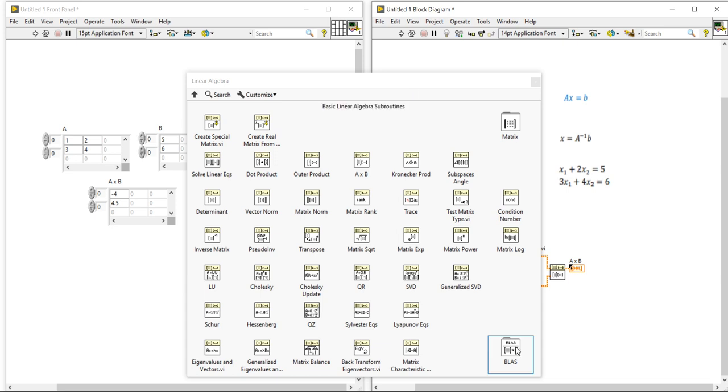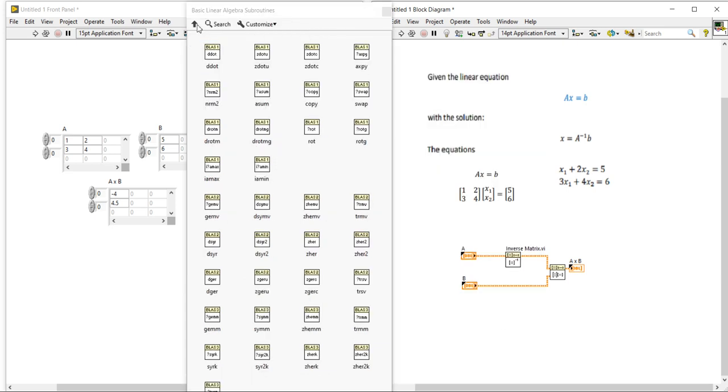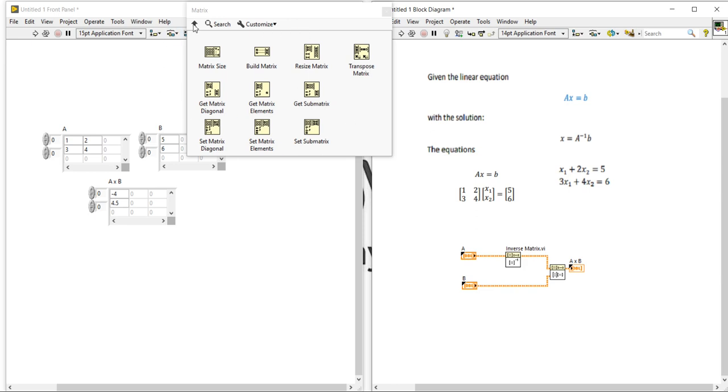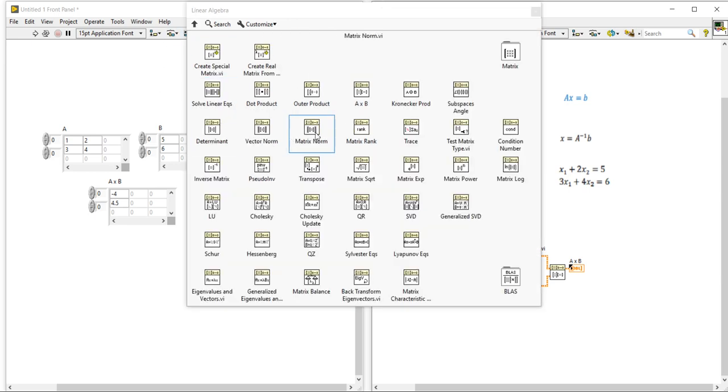Please try to search for that. I'm not getting that VI at first, but no problem.